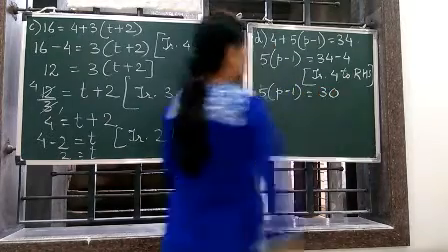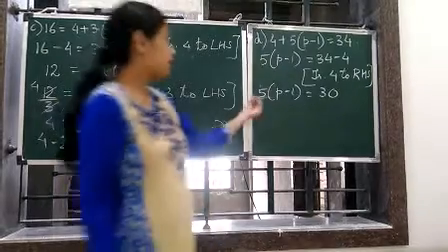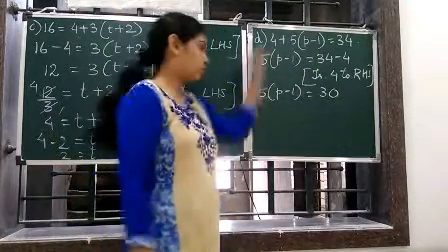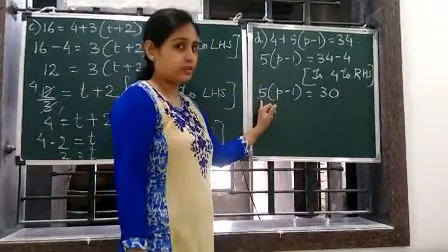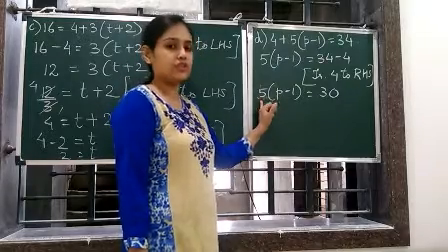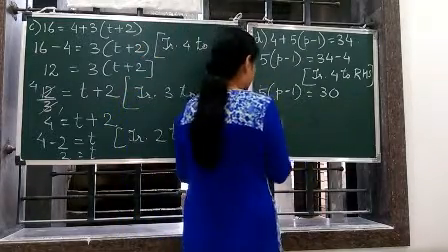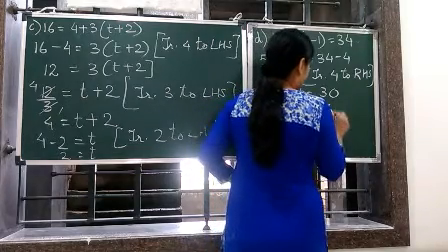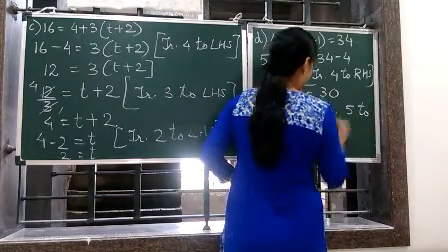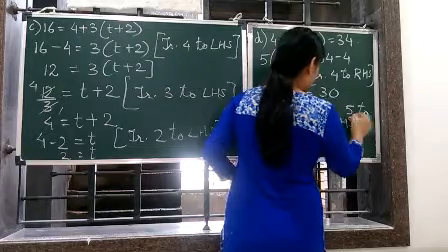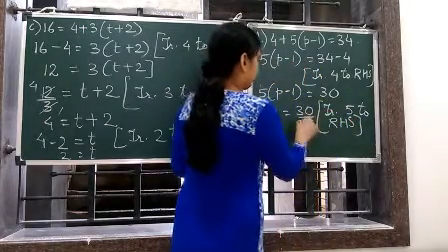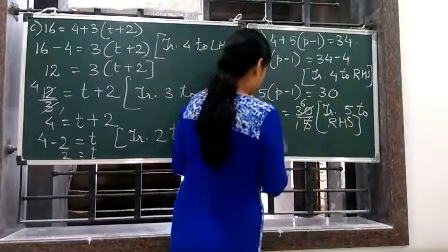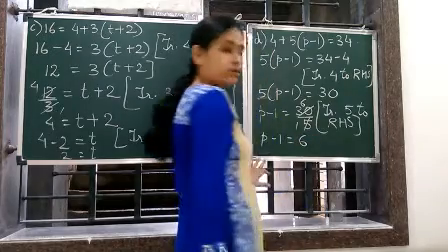This becomes 30. Now transposing 5 to RHS. Okay. We will transpose 5 to RHS. Its sign will change. It is what? Multiplication. It becomes division. So we write here transposing 5 to RHS. Okay. Now 5 ones are 5, 6 are 30. So P minus 1 is equal to 6.